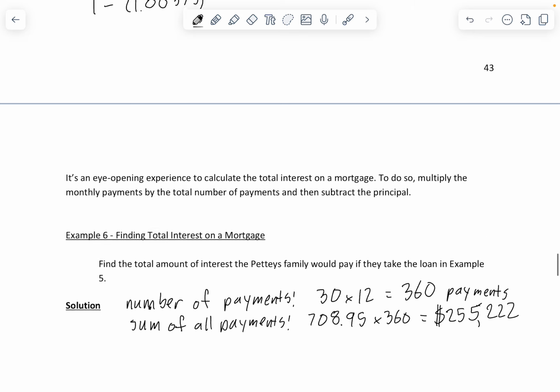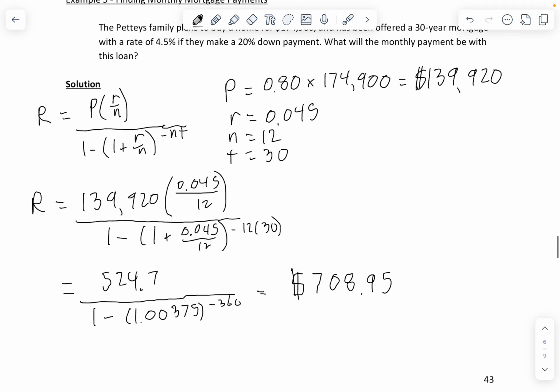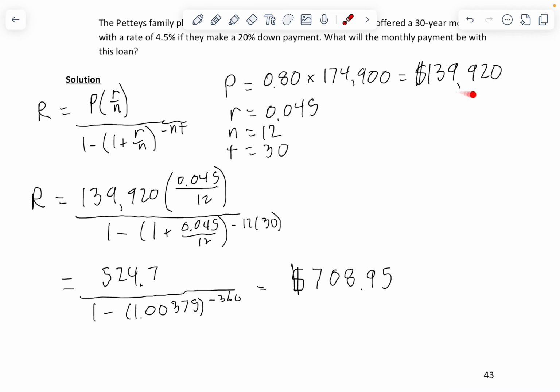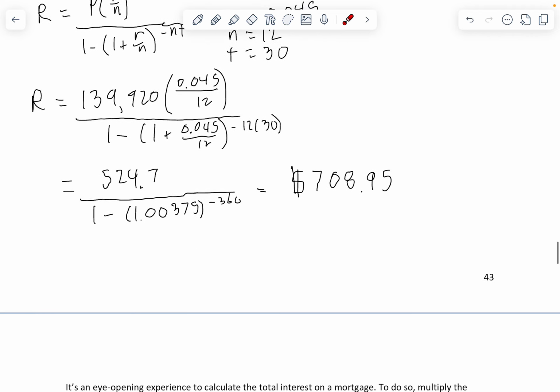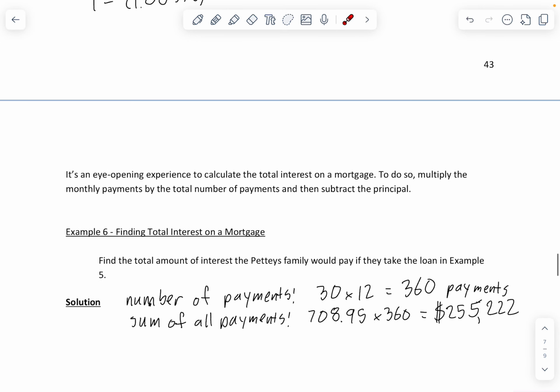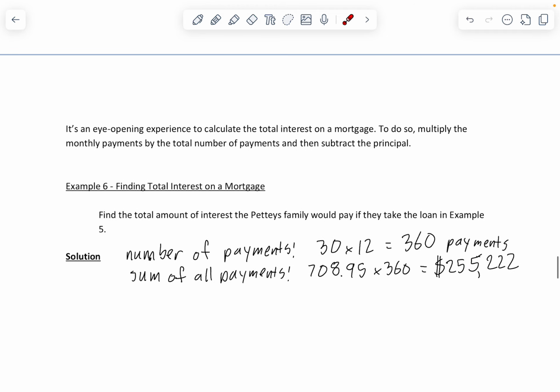Now, how much was actually borrowed? Well, if you look back at this example, what they actually borrowed was the $139,920. Which is way less than what was ultimately paid over the course of the loan, the $255,222, right? So to figure out the amount of interest, we take this number and subtract the principal.